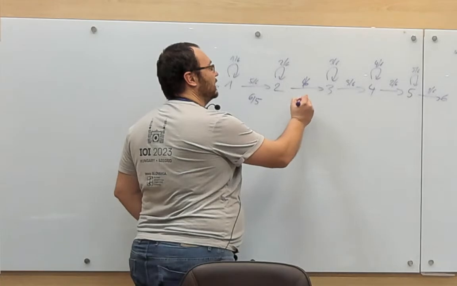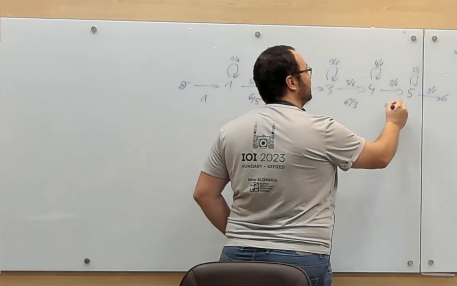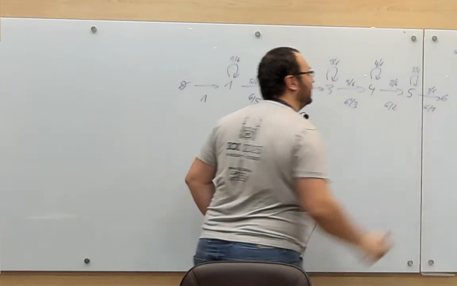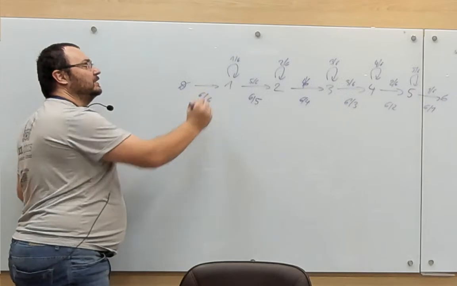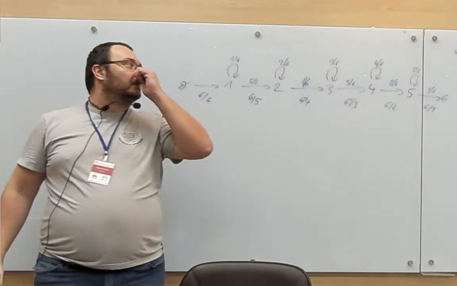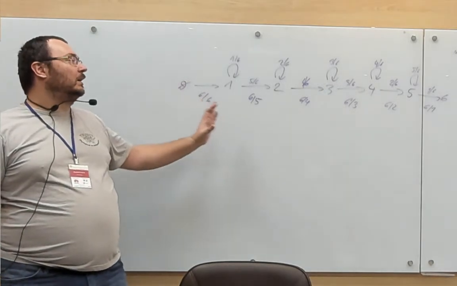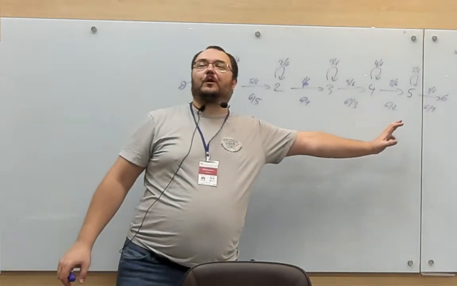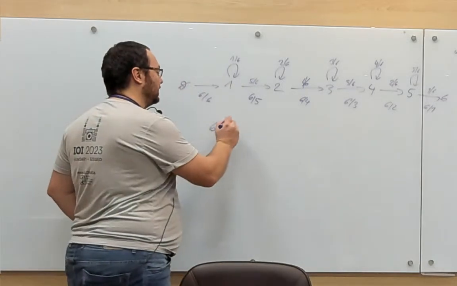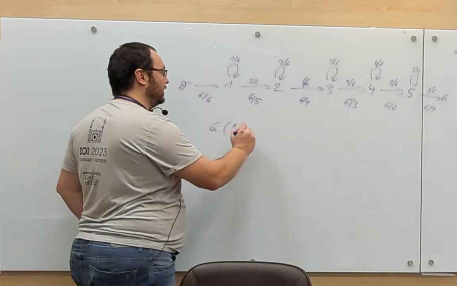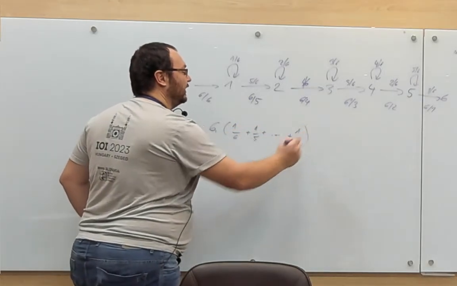Now here the expected number of steps is 6 over 4. Here it is 6 over 3, 6 over 2, and 6 over 1. And if you want to have the formula pretty, this one can be written as 6 over 6. So for a regular 6-sided die, the total expected number of rolls until we see each of the values at least once is 6 times (1 over 6 plus 1 over 5 plus and so on plus 1 over 1).